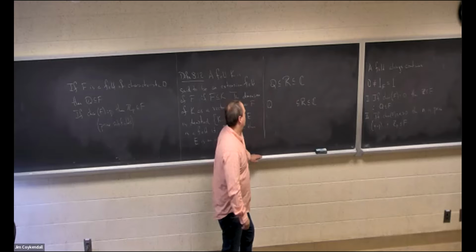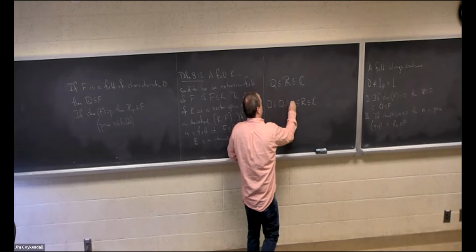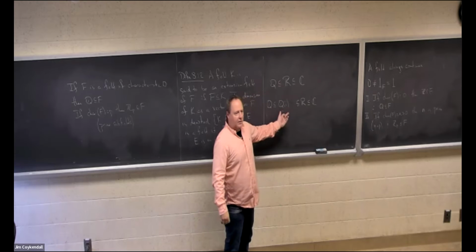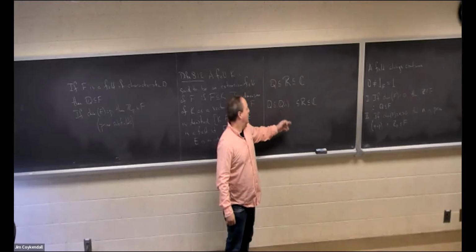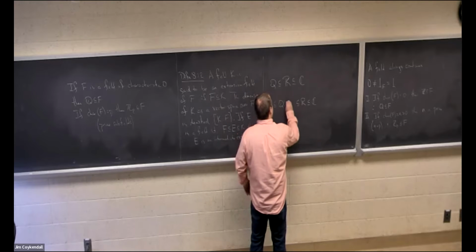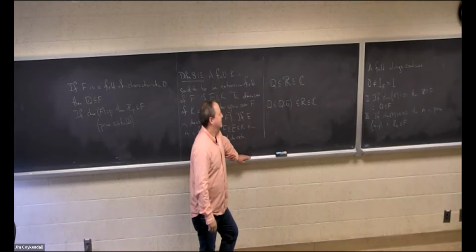How about, I'm going to make this more formal later, the smallest field that contains Q and i. Oh, whoops, that didn't work. It's not hard. How about this? There we go. That'll work.